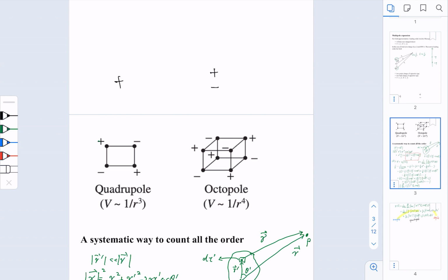So if you add only one charge, it first is not able to cancel out the monopole.